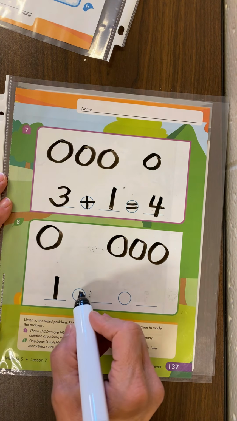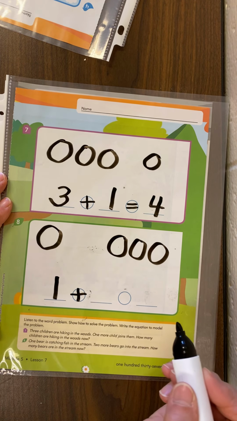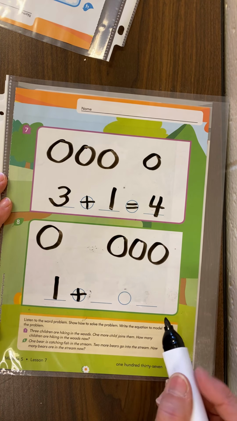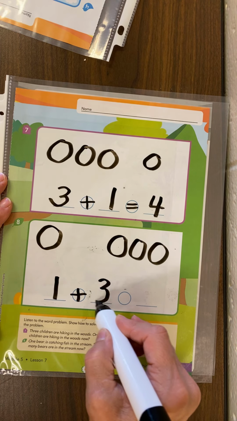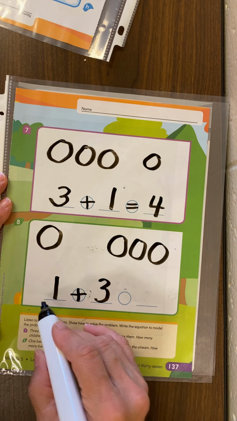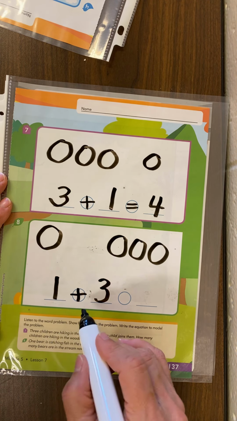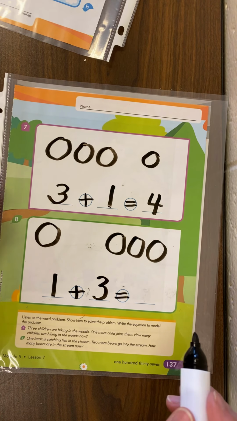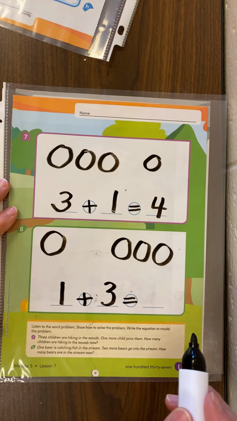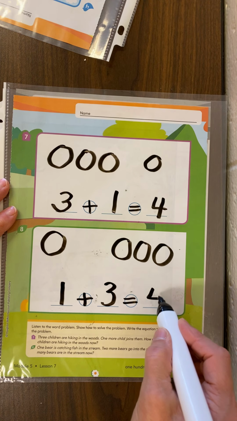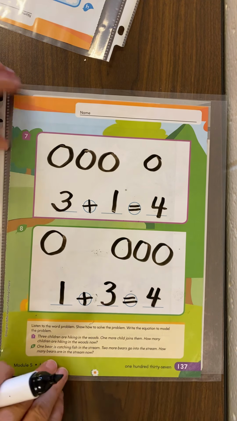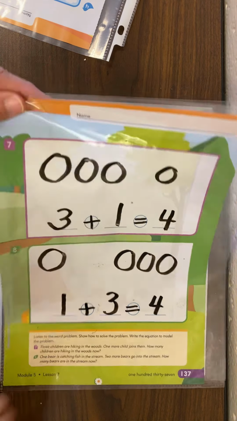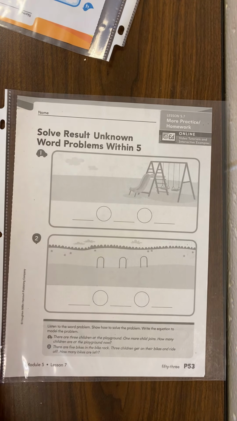Somebody's coming to join, so we have to put a plus sign. How many were coming to join? So 3 plus, I'm sorry, that's not a 3. 1 plus 3 equals, how many bears are in the stream now? Very good. Great job. Turn your paper over.